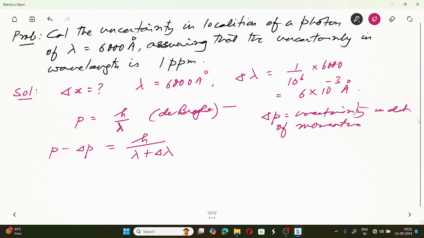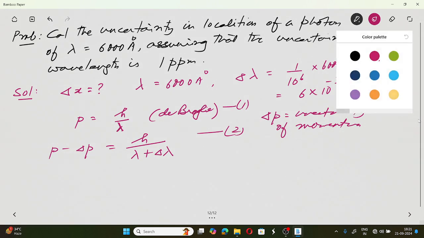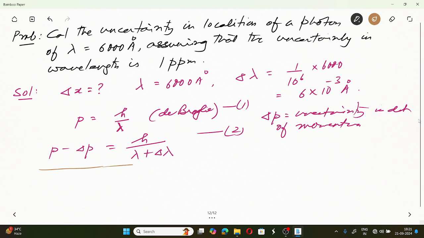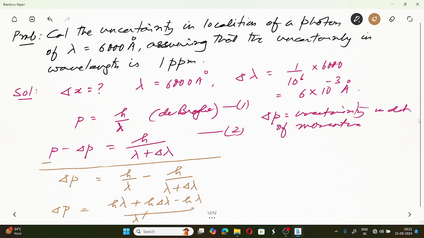Now using these two equations 1 and 2, if you subtract these two, delta P will be given by h by lambda minus h divided by lambda plus delta lambda, or delta P equals h lambda plus h delta lambda minus h lambda divided by lambda into lambda plus delta lambda.